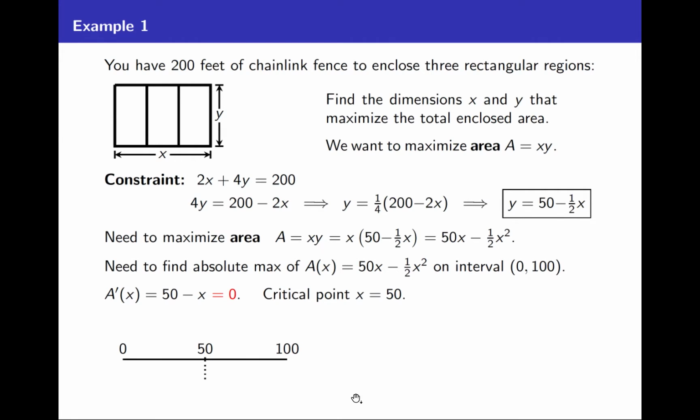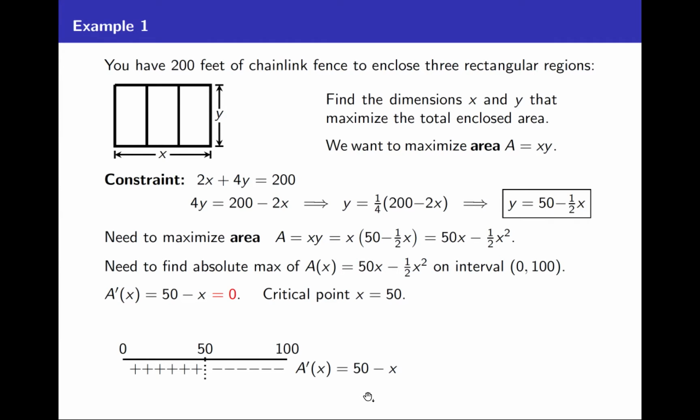The next thing we want to do is look at the sign of the derivative, because we want to apply the first derivative test to see whether we have a local max or a local min. So A prime of x is 50 minus x. As long as x is less than 50, 50 minus x is going to be positive. When x is greater than 50, 50 minus x is going to be negative. So we put those signs in there.